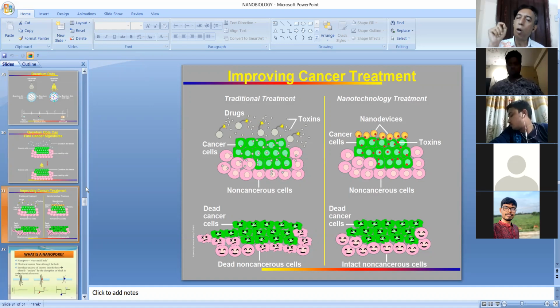They will only accumulate on the cancerous cell, not on the normal cells. For that, we can use quantum dots as nano devices.